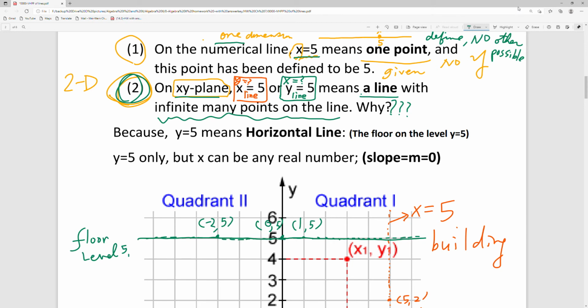Make sense? So using the concept, when you have y equals 5, that's the equation of a horizontal line.